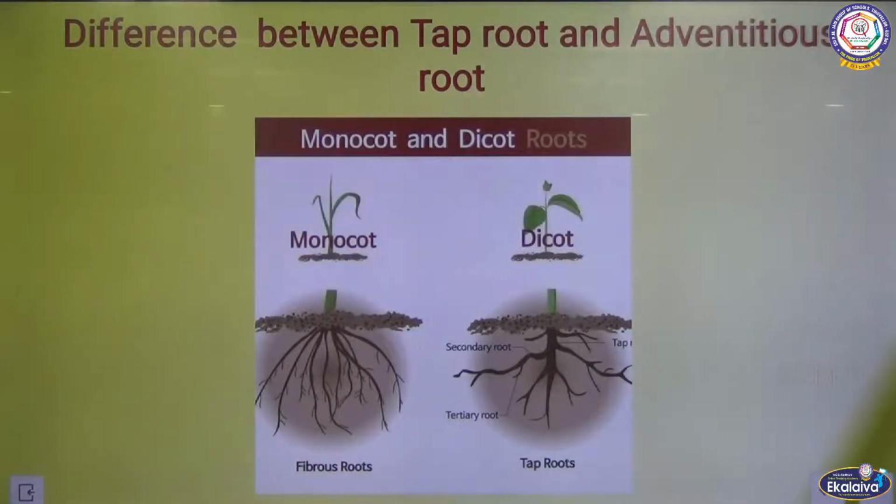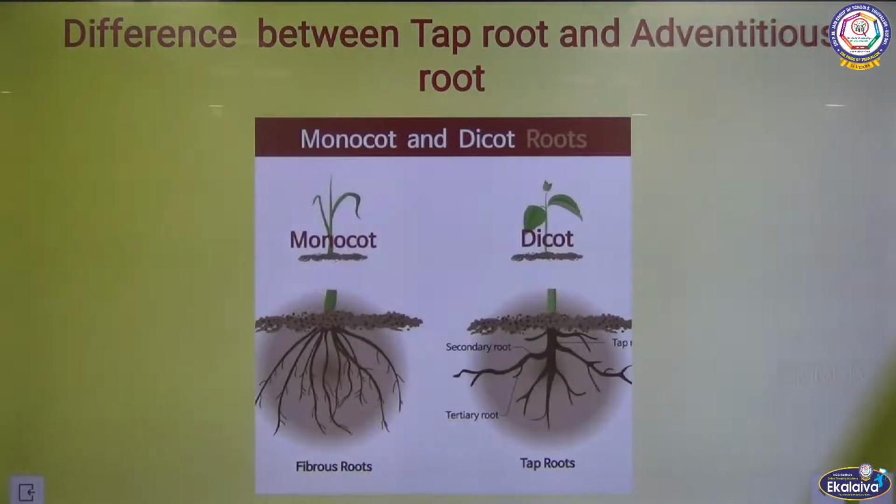When we see the difference between the types of root, we will find two types of root, a taproot and the fibrous root. We know that the root comes from the radicle of the embryo, and in dicots you will find the primary root, which is long lived, and from there the lateral branches arise, and it is a characteristic feature of dicots.